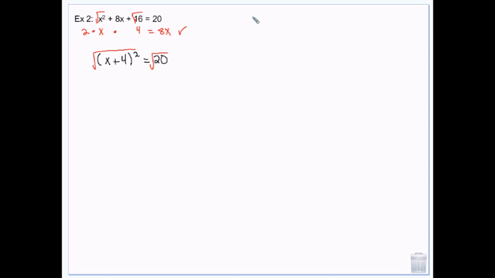And 20 is not a perfect square, but it is 4 times 5, and 4 is a perfect square. So I get x plus 4 is equal to plus or minus 2 times the square root of 5. And this time I'm going to subtract 4 from both sides. And so I'll have a negative 4 hanging out front, plus or minus 2 times the square root of 5.